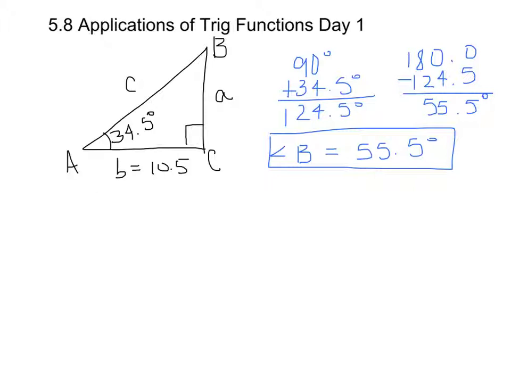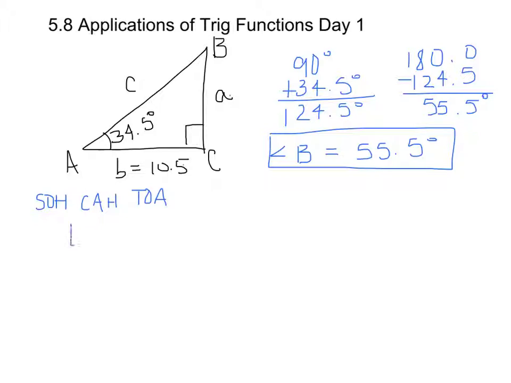Okay, and then this is where you can use any of your trig functions. And I'll just put them back, the ratios. And if you notice, we have to find side A and side C. So, since I have the angle across from side A and the side length, I can do opposite over adjacent.